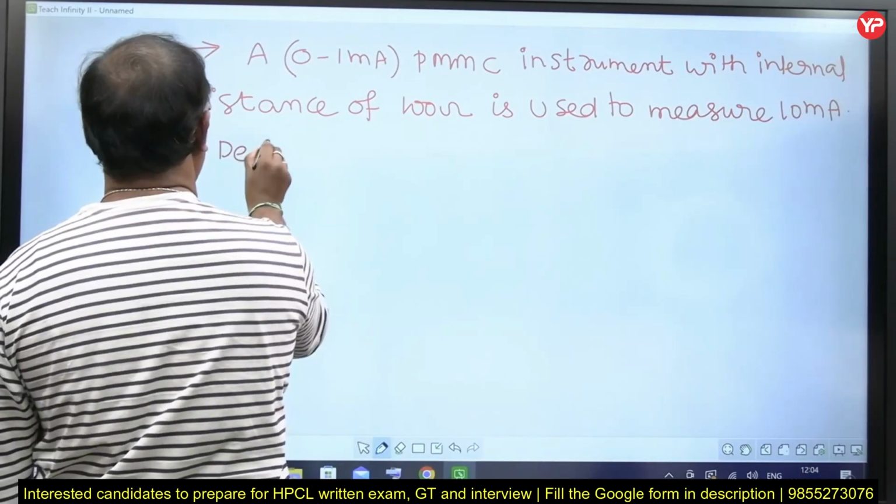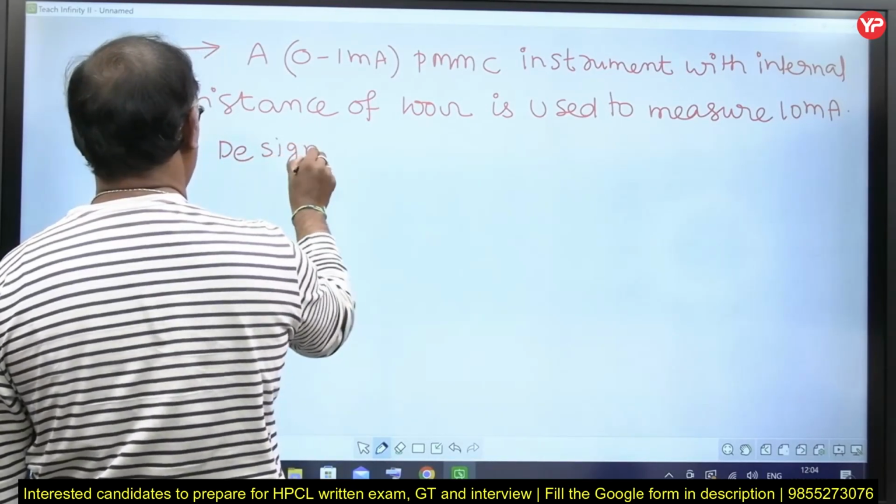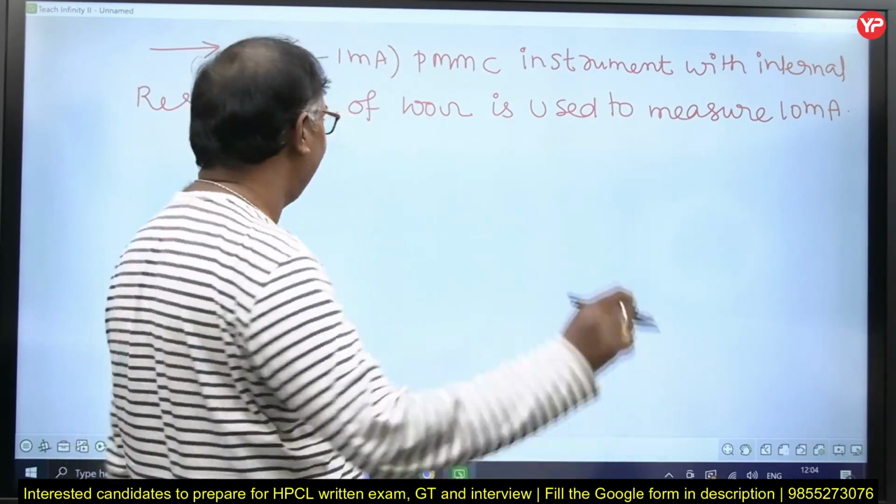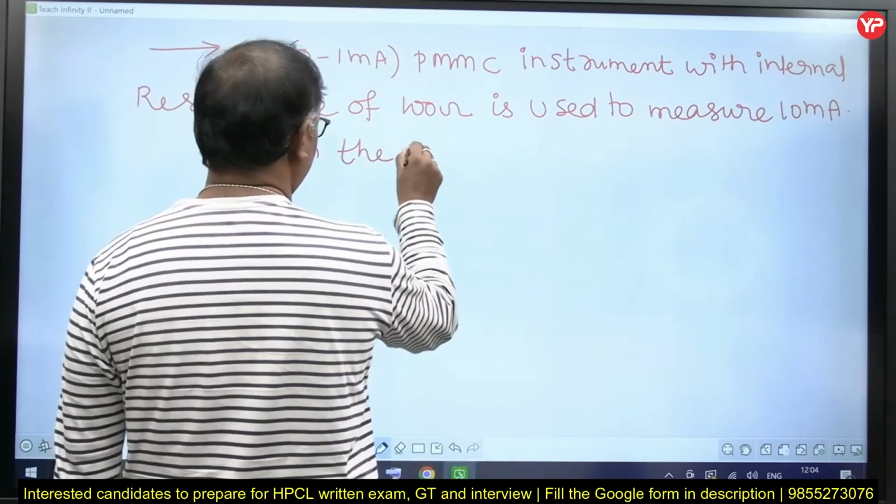Design the meter. Don't feel this is just a designing question. In this question, see how many sub-objective questions I will derive. Okay, sir? Fine. Design the meter.